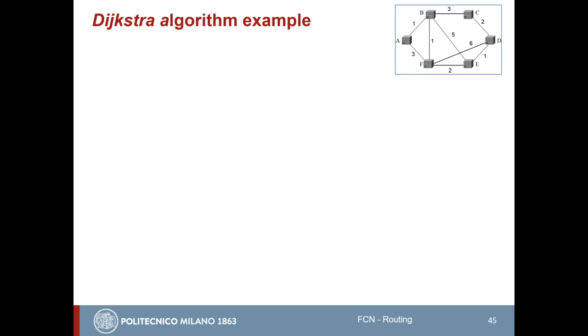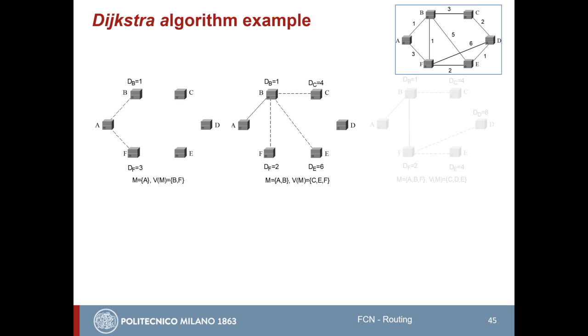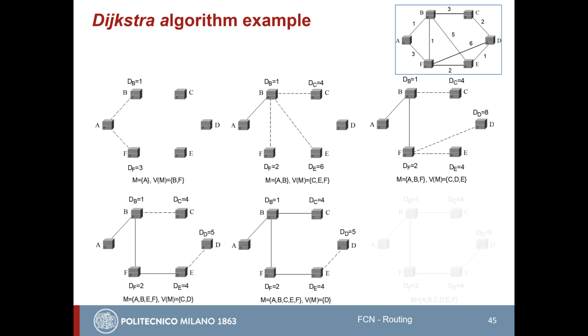This is another example with the same network as the previous one, and I don't go into the details. This is the sequence of the P that you obtain with the neighbors of P. So P is initially A, then it contains A and B, and the neighbors are these three.